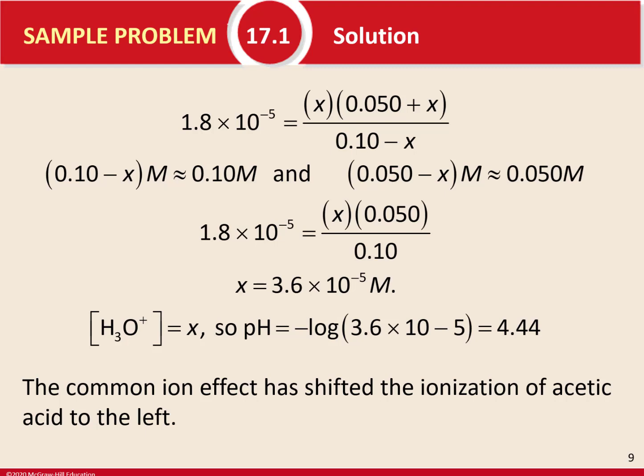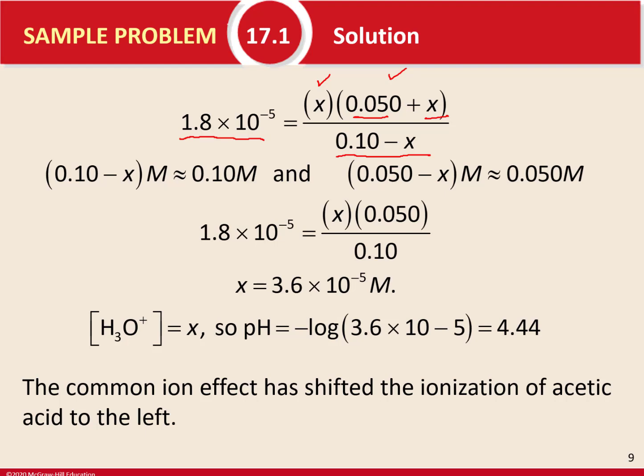Here's the Ka for acetic acid. Hopefully by now you've got that one memorized. We've done it so much. Here is the hydronium ion concentration. Here is the acetate ion concentration. We already had some initially, and we're going to add some more as the acetic acid ionizes. And then here is the loss of concentration of the acetic acid as it ionizes.